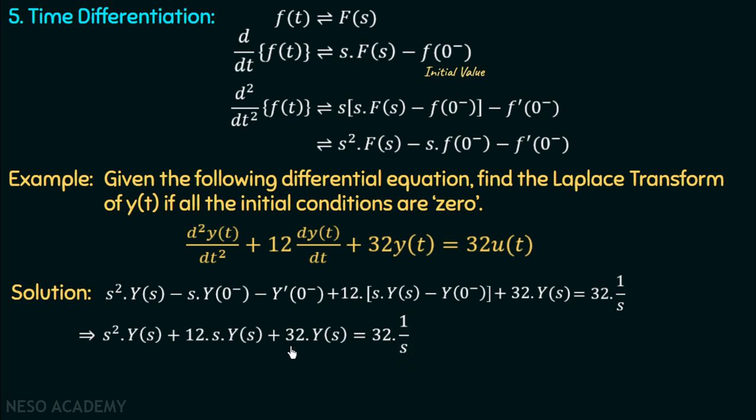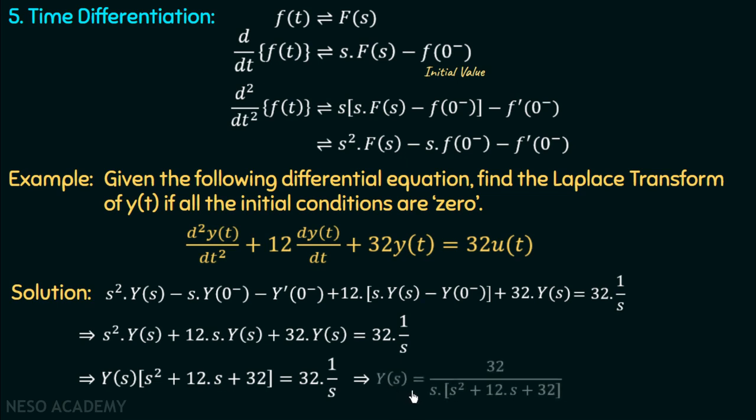Now in the left hand side we have Y of s as common, so taking Y of s as common we will get Y of s multiplied s square plus 12s plus 32 is equal to 32 multiplied 1 over s. Transposing this factor to the right hand side, we will get Y of s is equal to 32 over s multiplied s square plus 12s plus 32.